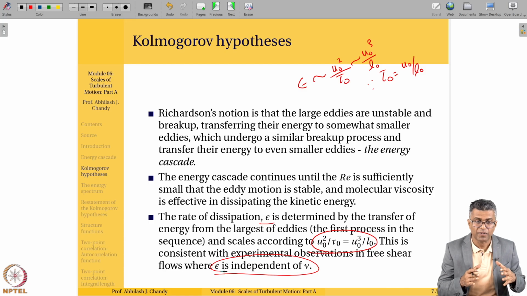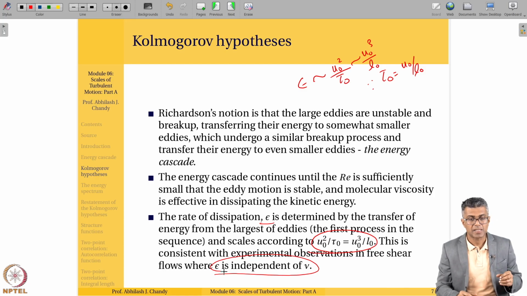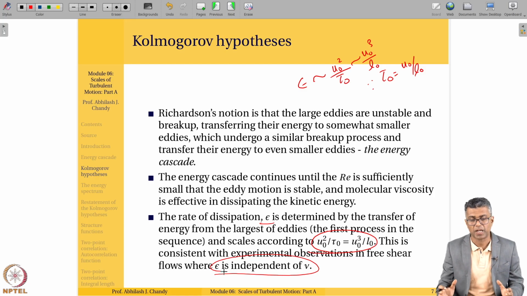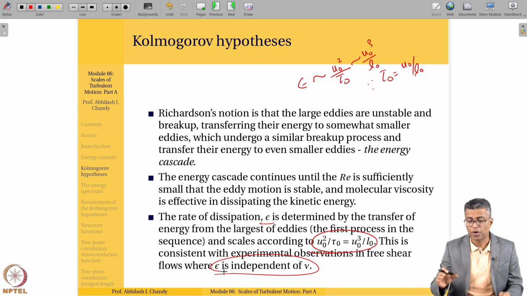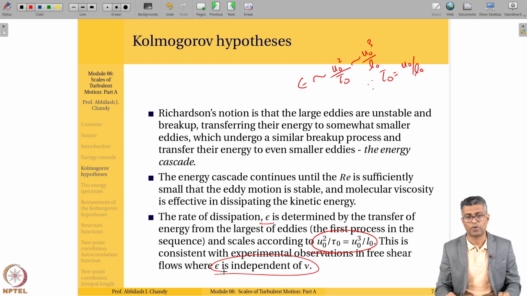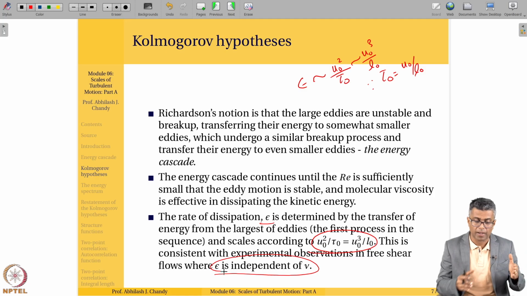So what we have done in this class is that we have introduced the energy cascade. We have explained what the energy cascade is, and we are now starting to talk about the Kolmogorov hypothesis. We are starting to build a platform for describing the Kolmogorov hypothesis. The platform is as follows. You have the energy cascade where the energy is transferred from the large scales to the small scales.